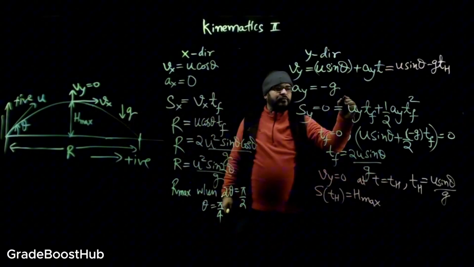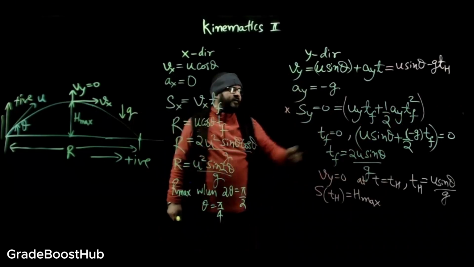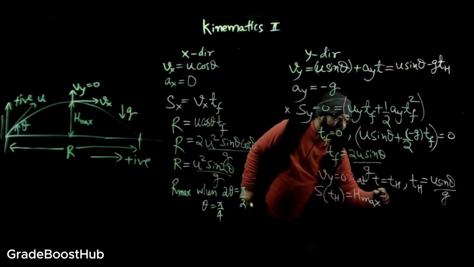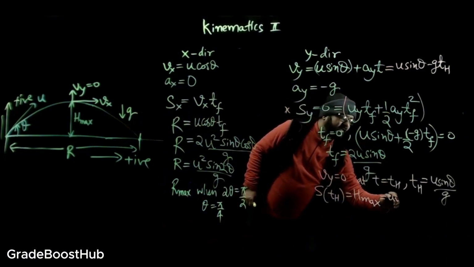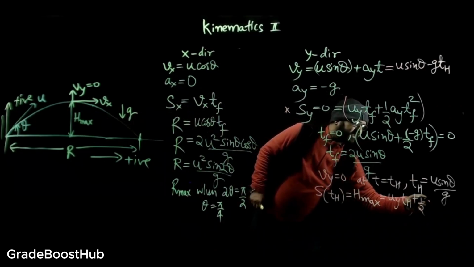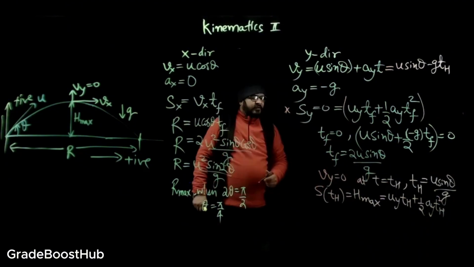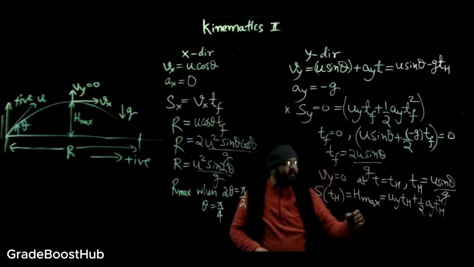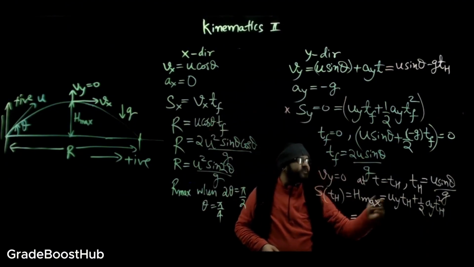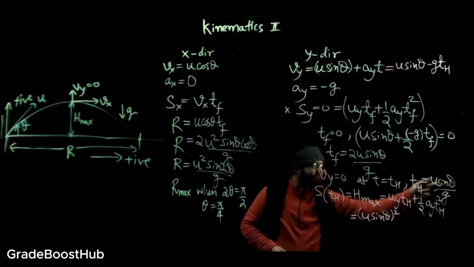So I can write uy th plus half ay th square, and then I can write it as u sine theta times th, and th is u sine theta by g.